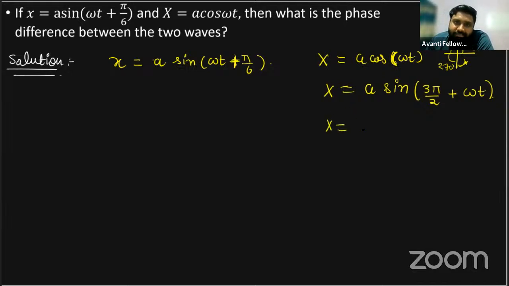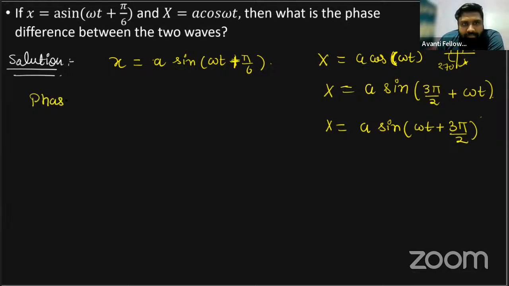So here we can say that x is equal to a sine omega t plus 3 pi by 2. Now, for the phase difference, what do we have to do? How do we find the phase difference?